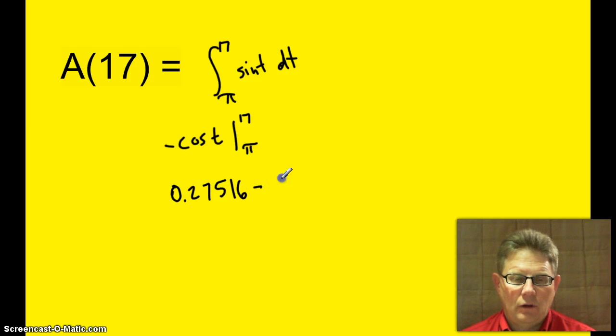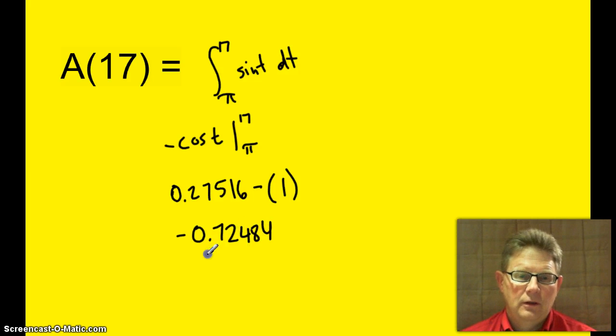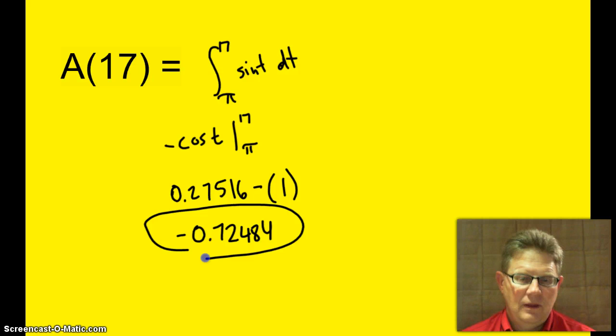Subtract the negative cosine of pi, which is the opposite of negative 1. So my final answer is negative 0.72484. And that is that. That's that definite integral. This does conclude Definite Integrals Part 1, Lesson 1, the Fundamental Theorem of Calculus.